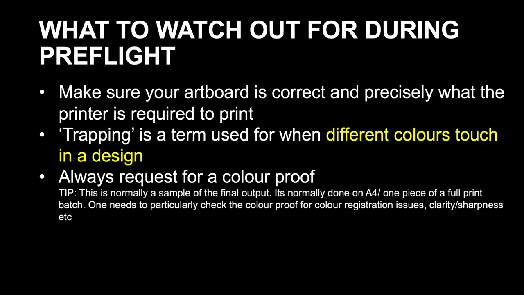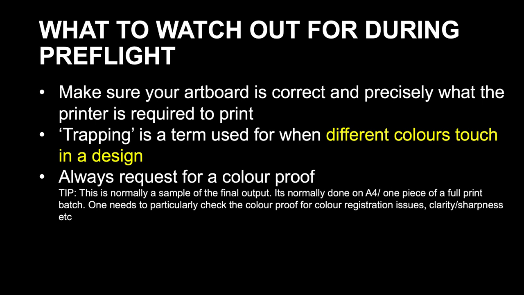For example, if you're designing a billboard that is 90 by 120 centimeters, you want to work with a ratio of that, say 9 by 12 centimeters, and ensure that you have the orientation perfectly correct. So if 9 is the width and the length is 12, then ensure that this is what you've done as you prepare your artwork on your artboard. So that's the setting you should choose for your artboard.